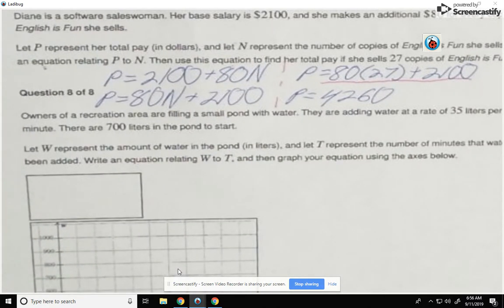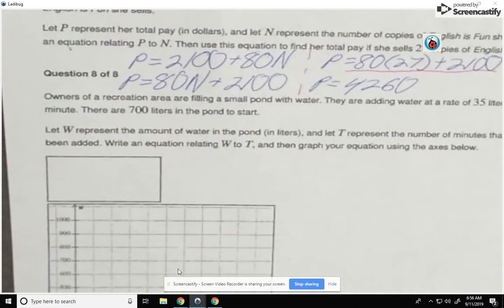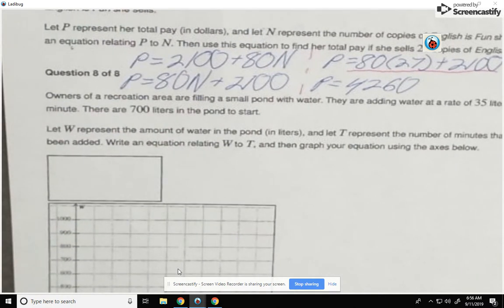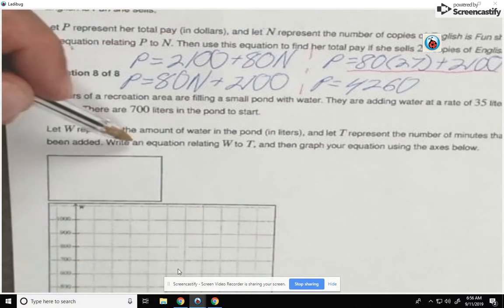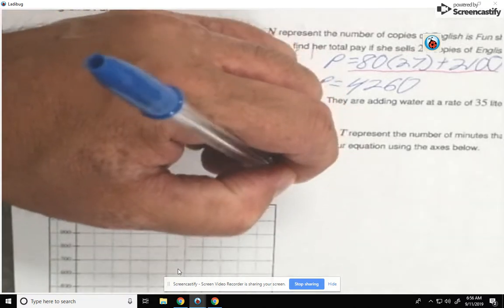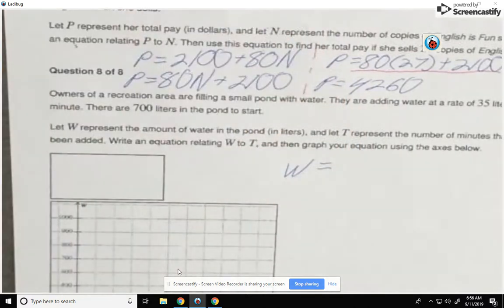Okay. Question 8 says a small pond is being filled with water at a rate of 35 liters per minute. There's 700 liters to start. We want an equation where W is your amount of water.